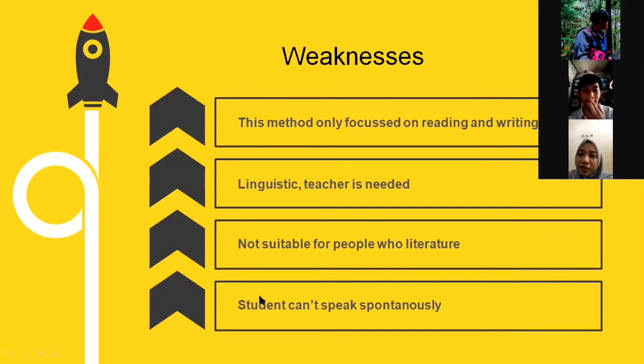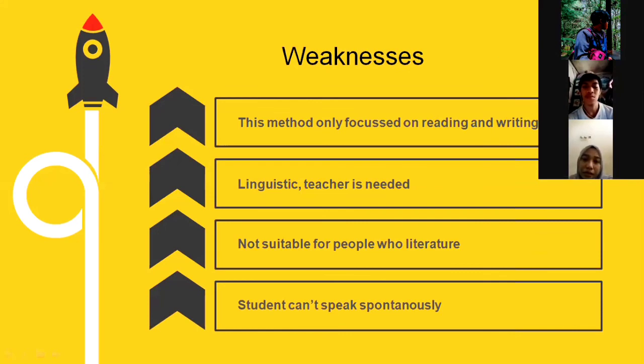This is the weaknesses of GTM. This method only focuses on reading and writing, because this method, grammar translation method, is only translating from the native language to the target language.